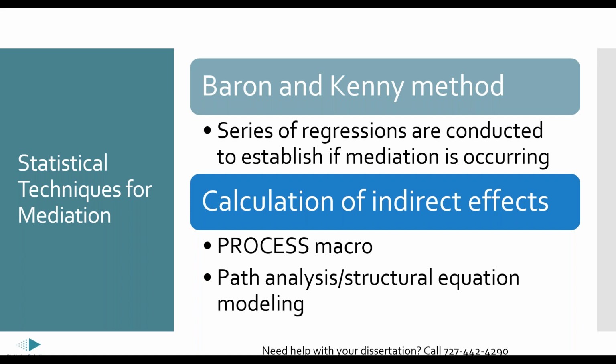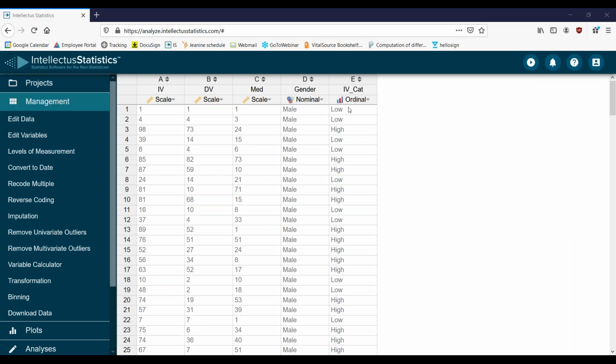And so now what I'm going to do before we get to the questions is just show you a couple of examples in our statistics software of how you can run both moderation and mediation analyses. So I have our software open here, and I just have an example data set where I have an independent variable that is continuous.